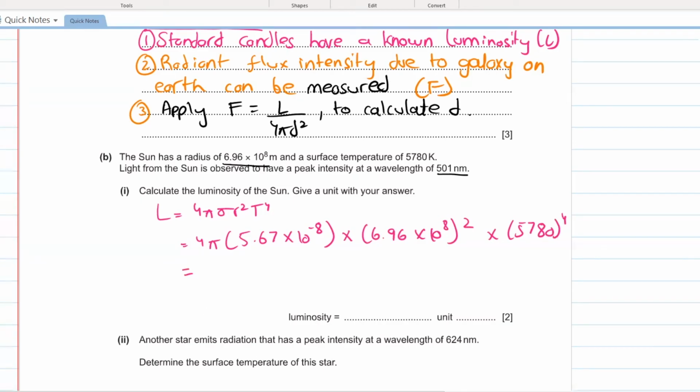The luminosity comes out to be 3.85 into 10 raised to the power of 26 watts. Simple as that, nothing complicated.